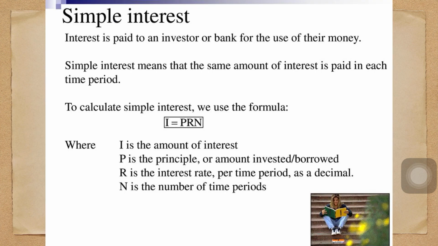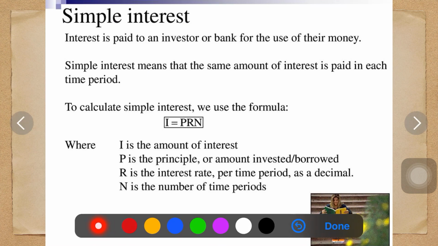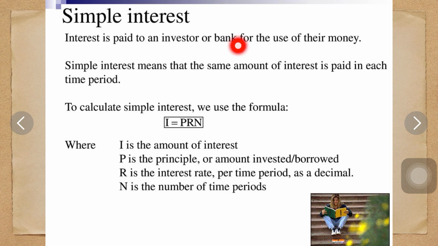Here we will see some of the formulas of how to calculate simple interest, which you are going to use in this chapter. As I told you, interest is paid to an investor or bank for the use of their money. Simple interest means that the same amount of interest is paid in each time period.